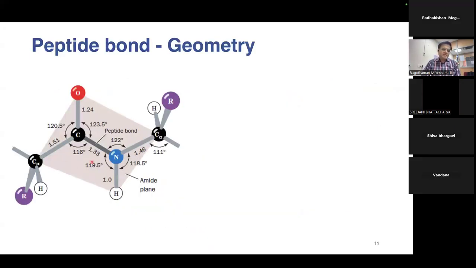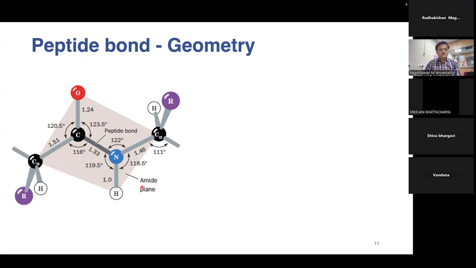As I said, this peptide bond is pretty strong. You can see this gray shaded area, which looks like a rectangle, and that is because this particular area is planar, which means this bond cannot be rotated.